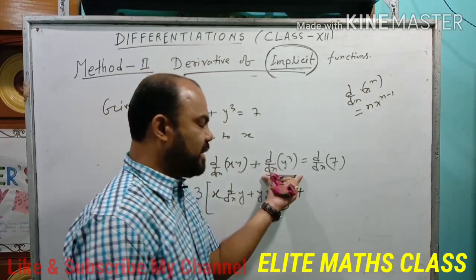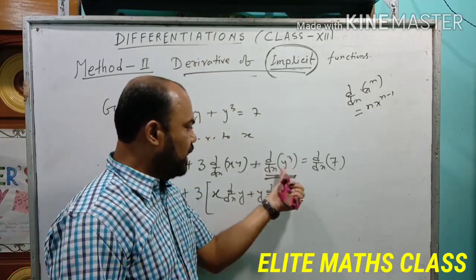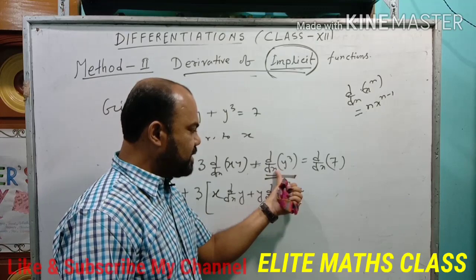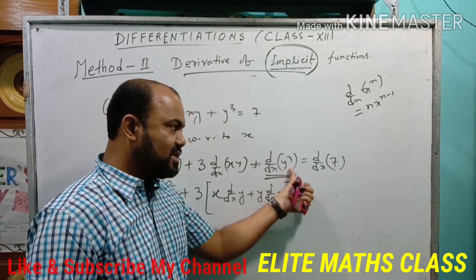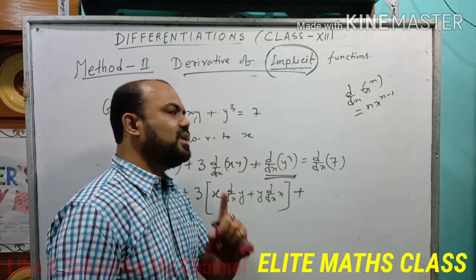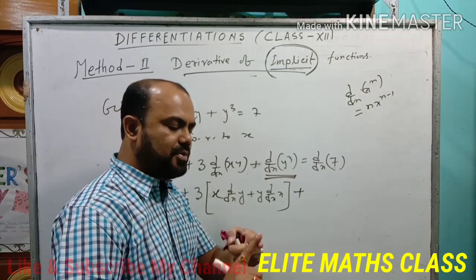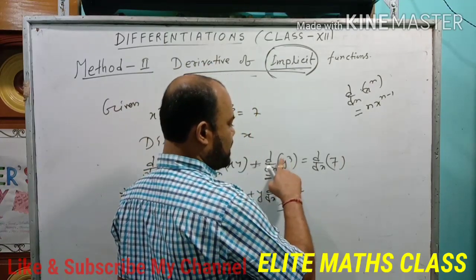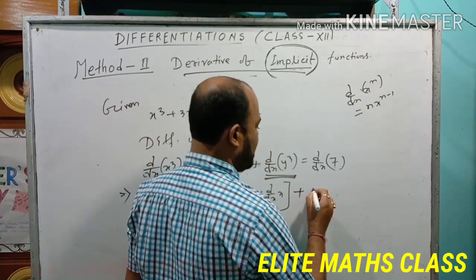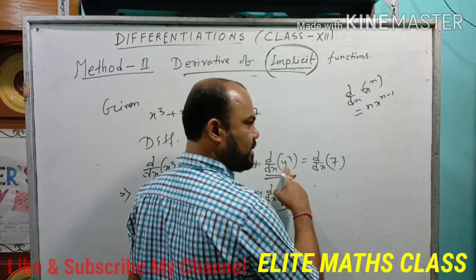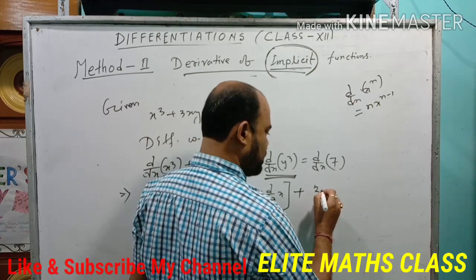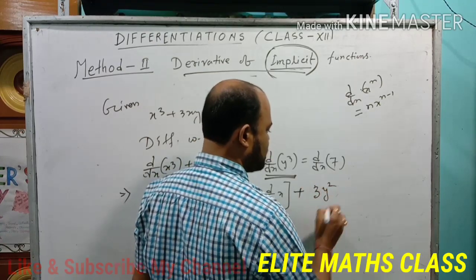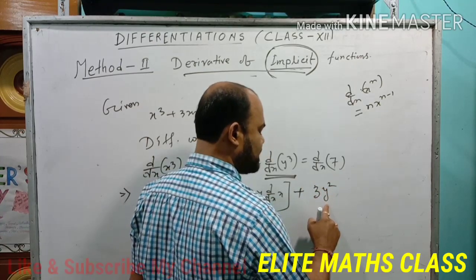Here we have to apply the chain rule, because differentiation is with respect to x, the function is of y. So first thing, you have to consider y as x. Whenever we consider y as x, d/dx of x cube is 3x square, so we have to write 3y square, that is we are considering y as x.